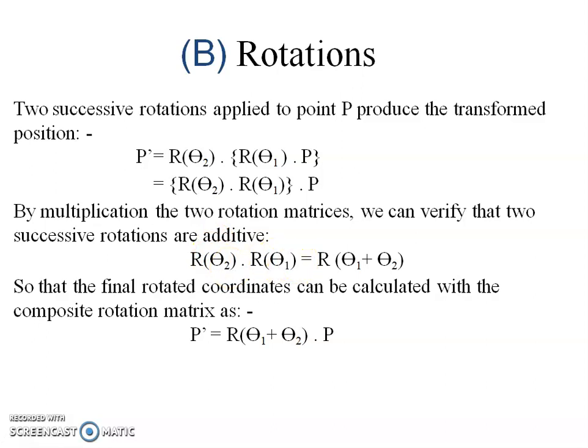That is, if we rotate an object by an angle of 30 degrees and next we rotate the same object by 45 degrees, the ultimate result will be rotated by 75 degrees, 45 plus 30, that is 75 degrees. So the final rotated coordinates can be calculated with the composite rotation matrix as P dash is equal to R of theta 1 plus theta 2 into P.